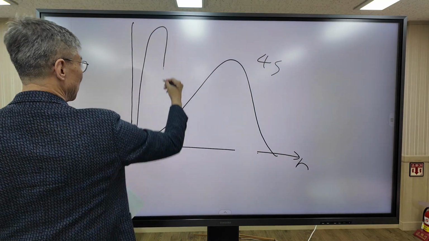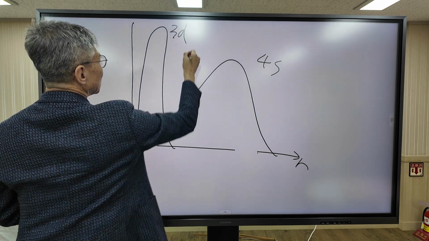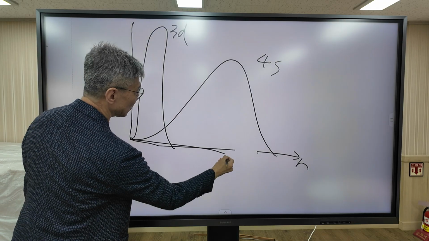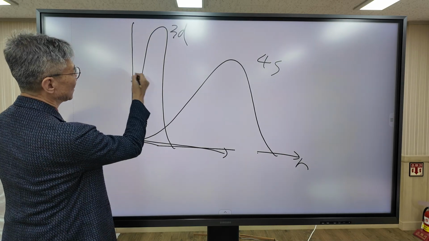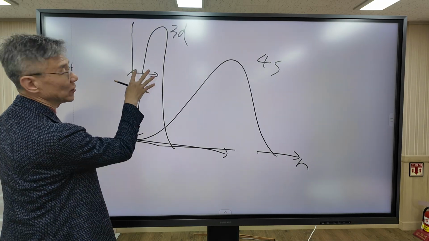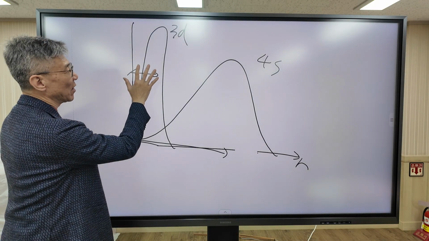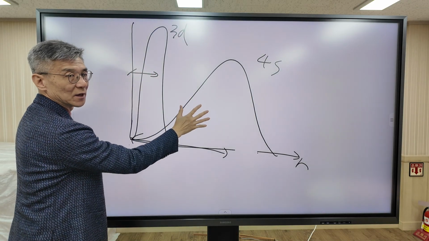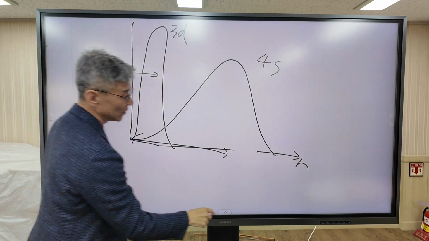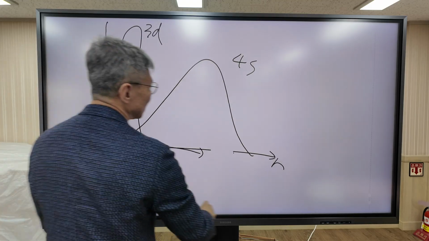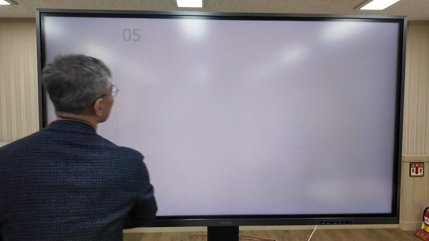This is the 3d orbital. Roughly speaking, the average radius of 4s is much larger than the average radius of the 3d orbital. So simply put, the 3d orbital is much smaller than the 4s orbital, according to this graph. So let us visualize it with a bit of exaggeration.